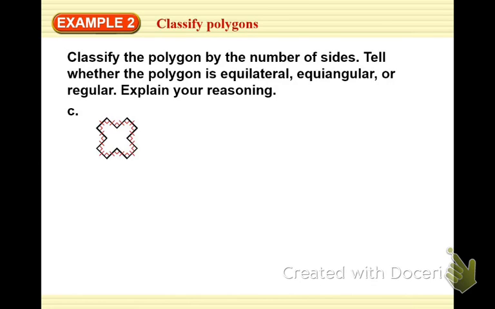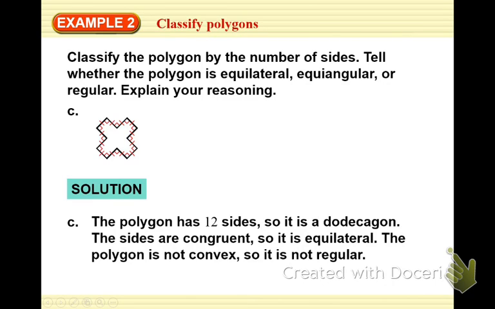So without going into a lot of detail, anytime you have a concave polygon, it's not going to be allowed to be equiangular. So we've got a dodecagon that's equilateral, but because it's not convex, it is not equiangular. So we can't call it regular.